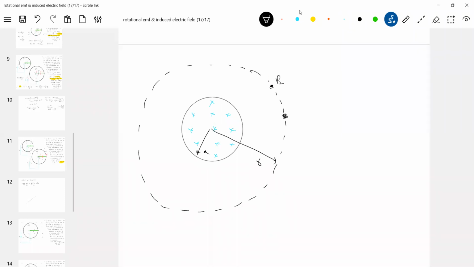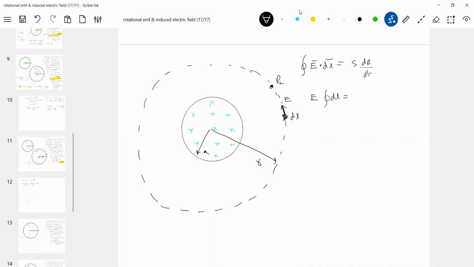So let me assume dl. Here I'll get E bar like this. Now the value of the integral of E bar dot dl should be equal to S dB by dt. Everywhere E will be constant.